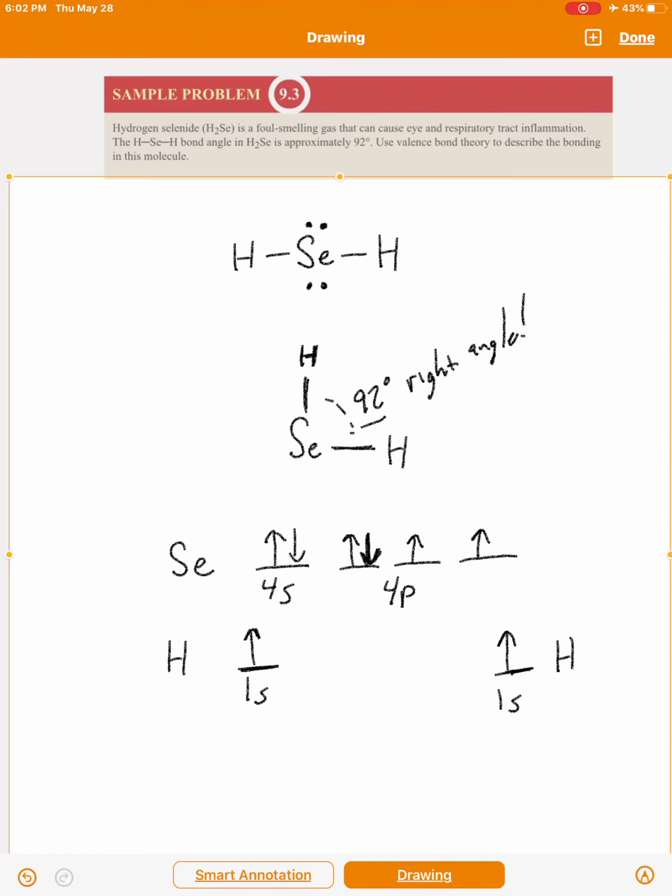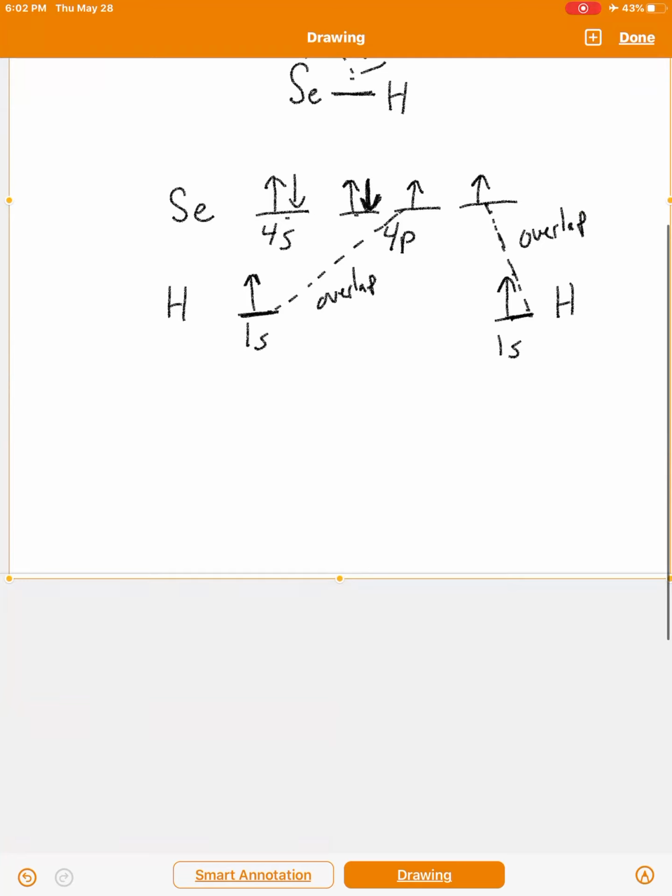So the argument that we would make is that these 2 orbitals interact with each other and undergo some sort of overlap. And then these 2 orbitals interact with each other and undergo some sort of overlap. These orbitals here are already filled, so they don't have room for electrons anyways. So if you consider these 2 orbitals, those are 4p orbitals.